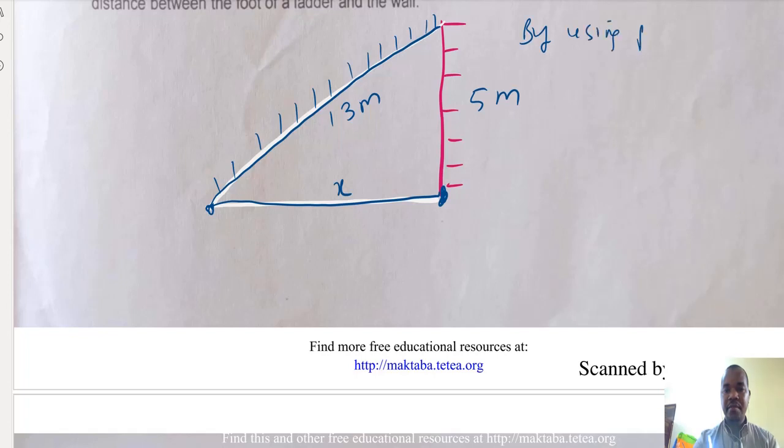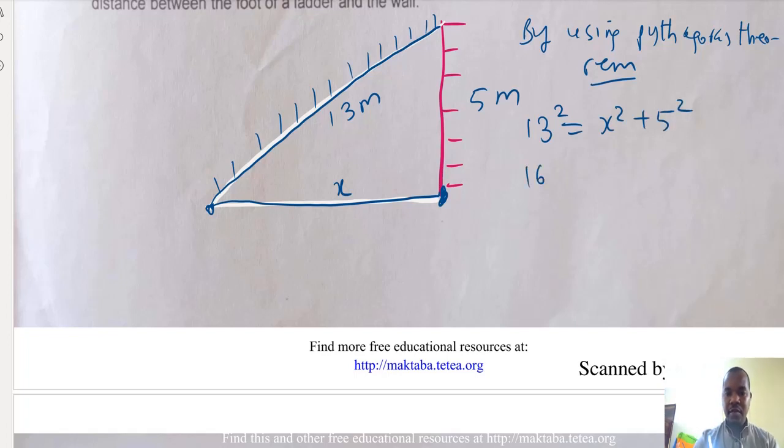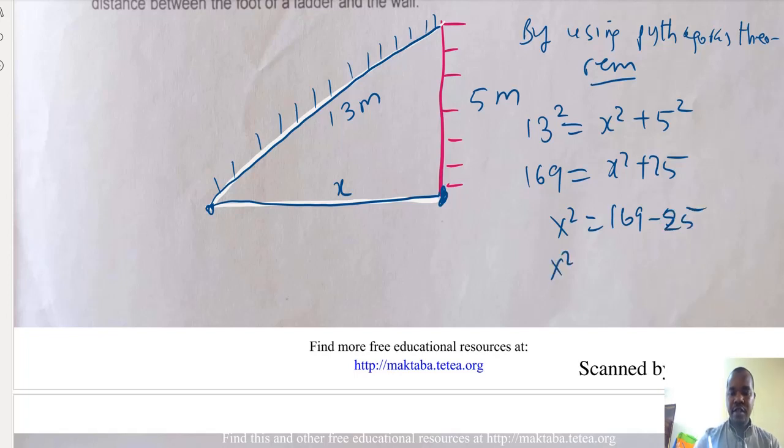Pythagoras theorem, 13 squared will be equal to x squared plus 5 squared. 169 equals x squared plus 25. x squared will be 169 minus 25. x squared will be 144.